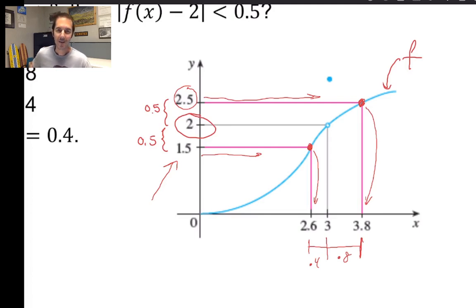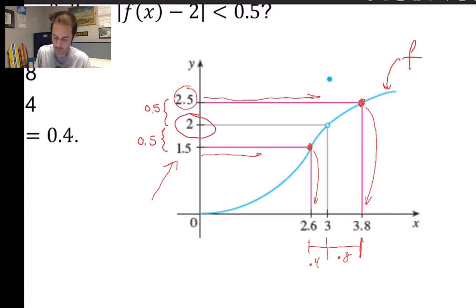So we'd like to be able to say, or if somebody asked us, well, what x values are you allowed to plug into the function in order to stay within plus or minus 0.5 of a y value of 2? We'd like to say, well, you've got to stay in the neighborhood of 3. And they say, well, what kind of a neighborhood? Plus or minus how much? We want to be able to answer that question with one number.